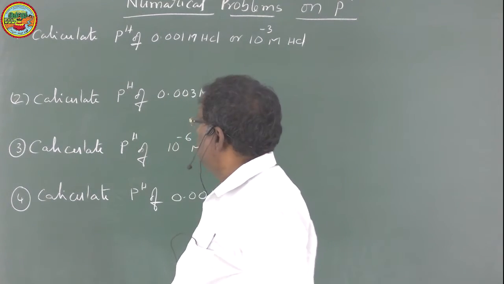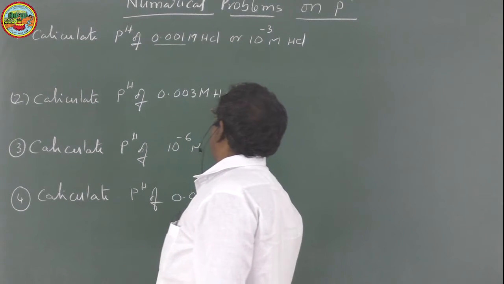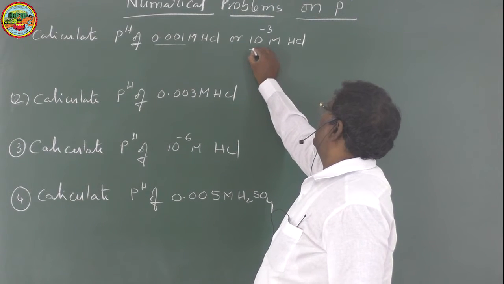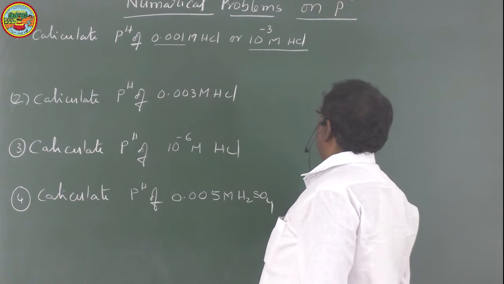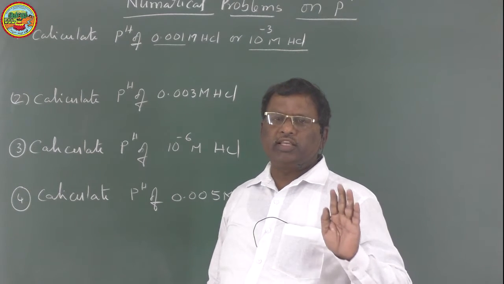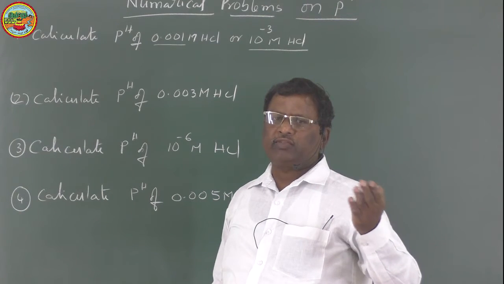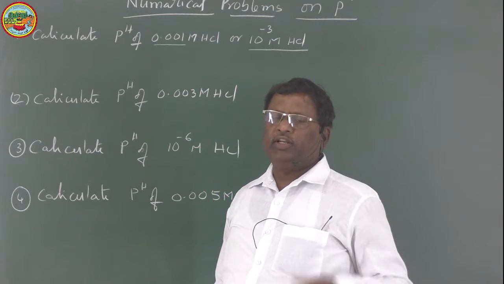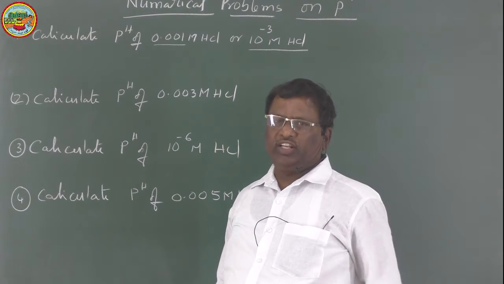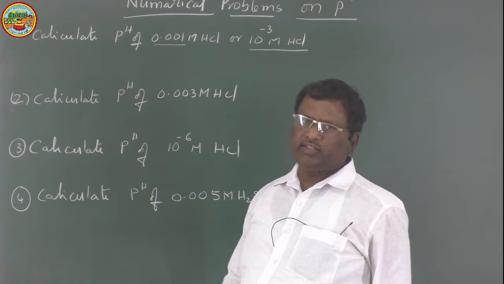Now, the first question is: calculate the pH of 0.001 mole HCl, or 10 to the power minus 3 mole HCl. 0.001 is nothing but 10 to the power minus 3. This conversion I have already explained in the stoichiometry chapter, in scientific notation and the significant figures topic.